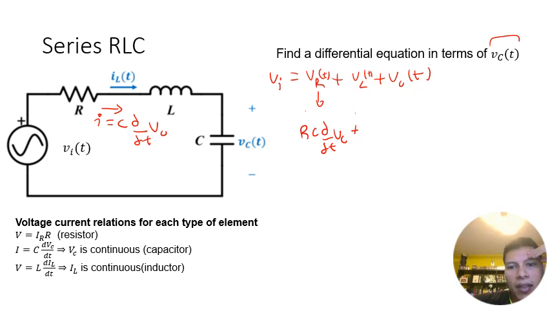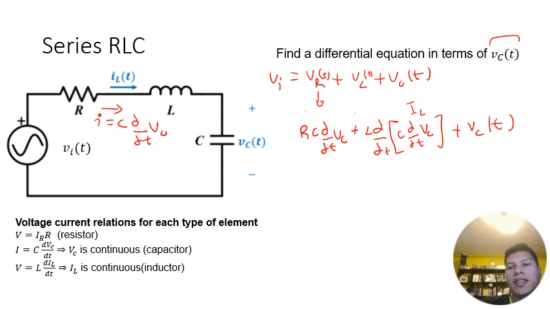Then we can rewrite the inductor term as L d/dt of C d/dt of Vc, plus Vc of t. Remember that the voltage across an inductor is L dIL/dt, but in this case IL is just C dVc/dt. And that's it. We just derived our differential equation.